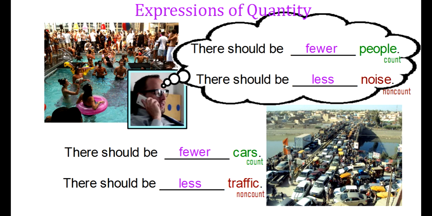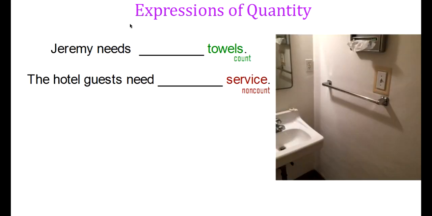Okay, let's see another one. Now if you look at Jeremy's bathroom, there is no towel. And he needs a towel. It's necessary. Jeremy needs more towels. There isn't even one. He needs more towels.